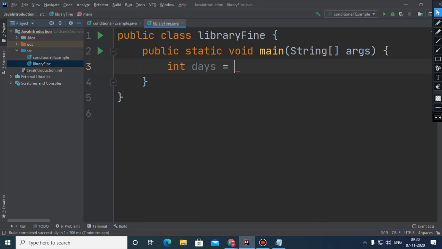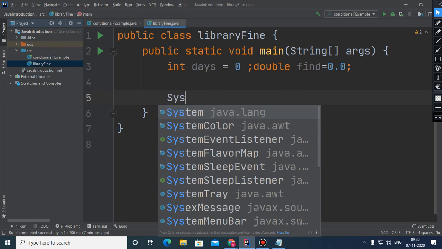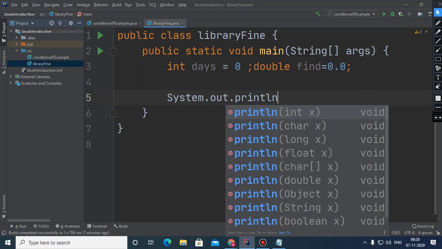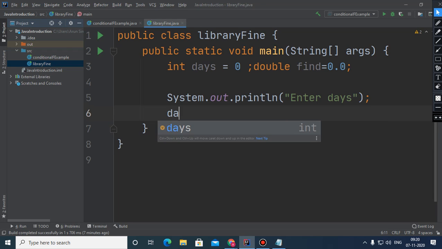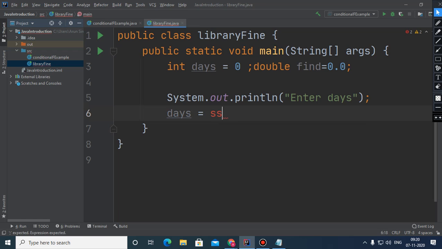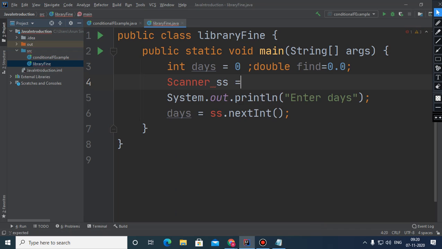Here you have to enter days for which you want to keep the book. Days is ss dot nextInt, and here what to do is Scanner ss new Scanner, that is System.in.